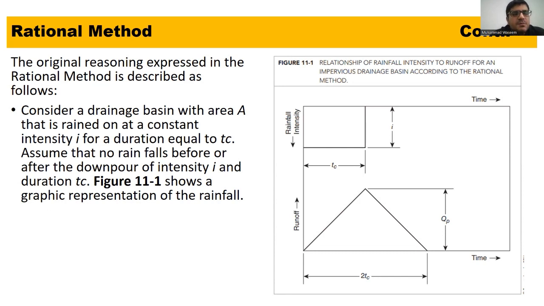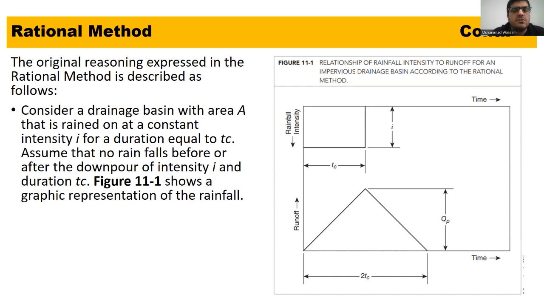Then we assume that no rain falls before or after the downpour of intensity I and duration equal to the time of concentration. In simple words, our rainfall event was exactly equal to the time of concentration.